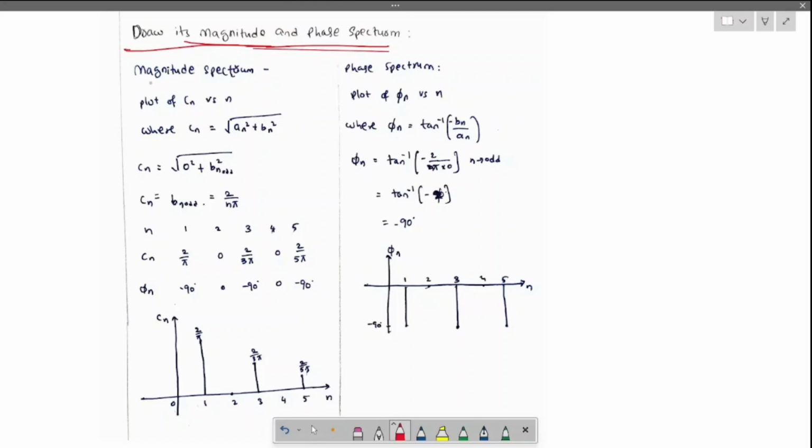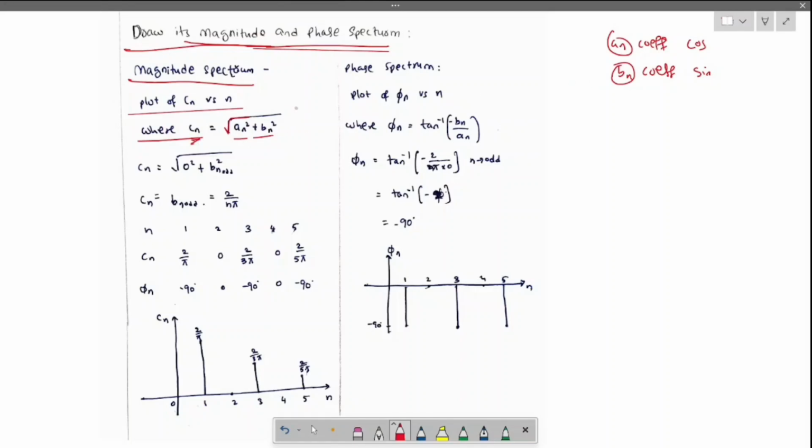So see here carefully. Magnitude spectrum is the plot of Cn versus n, where Cn is under root an square plus bn square. Okay, we are seeing an, which is the coefficient of cos, right? And bn is the coefficient of sine, right? So here this coefficient square under root, when we calculate, we will get the Cn.